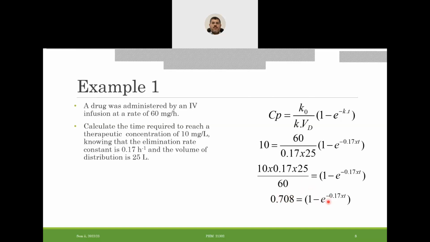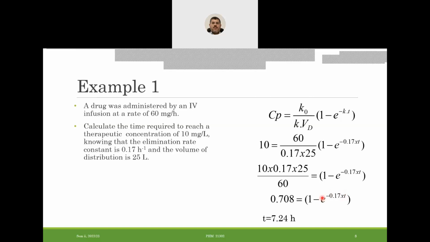So e to the exponent of negative 0.17 times t will be equal to 1 minus 0.708. 1 minus 0.708 will give you how much? 0.292, right?